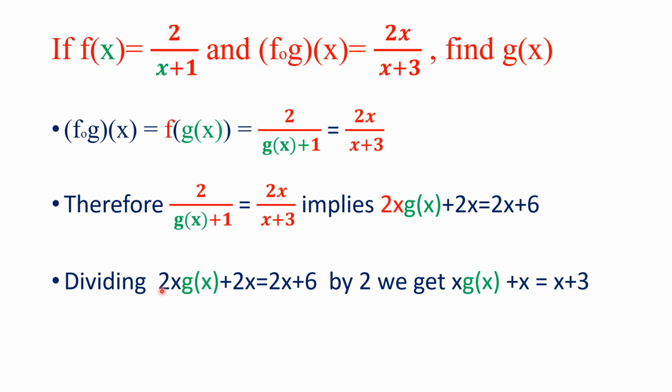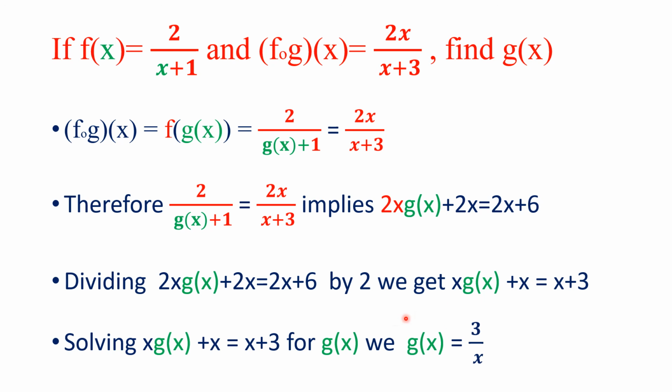Dividing this equation by 2, we get x g of x plus x equal to x plus 3. Obviously, we can just cancel x from each side, and we'll end up with x g of x equal to 3.